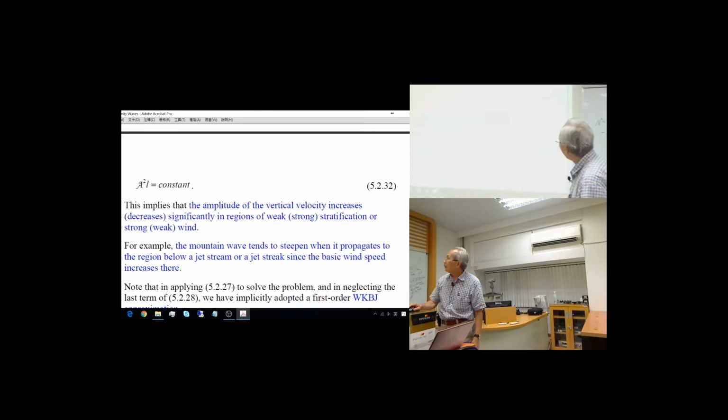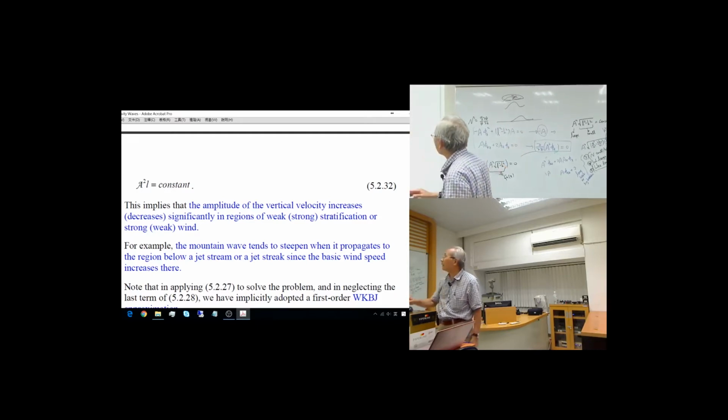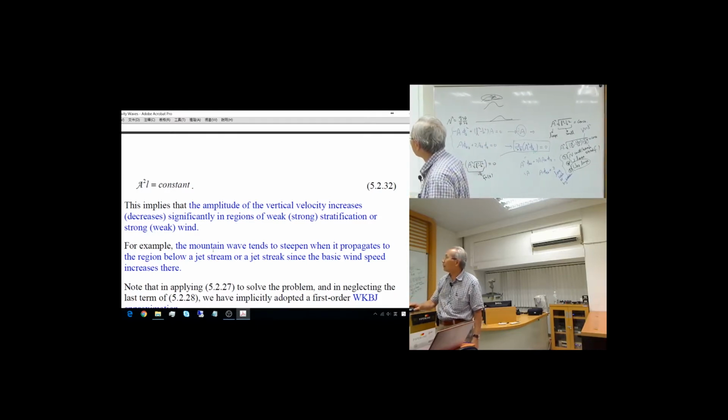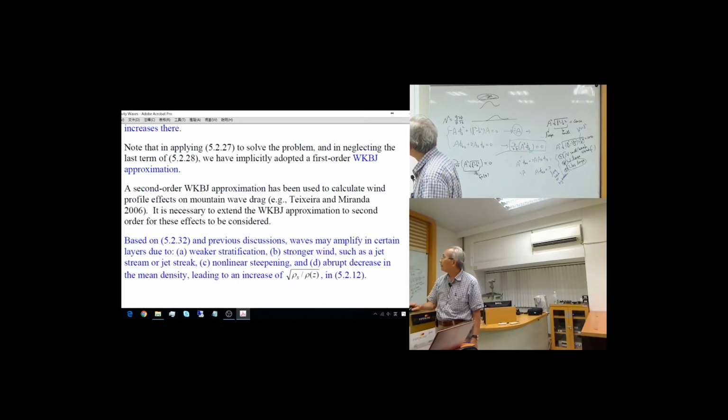So the amplitude of the vertical velocity increases. That's the wave amplitude, significantly in regions of weak stratification, that's N squared, and or strong wind. So like when the wave propagates to a jet stream or jet streak, its amplitude can increase. Now keep in mind this is important.